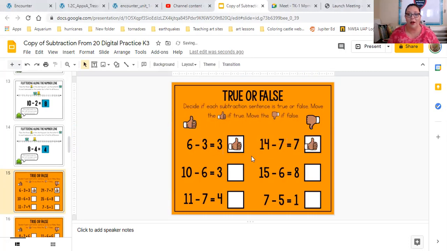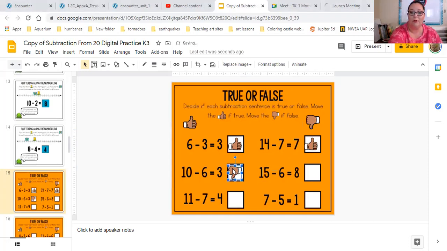Awesome. All right, 10 minus 6 equals 3. That's 10 minus 6. What do you think that is? 4? You would be correct. So this equation is false. Okay.